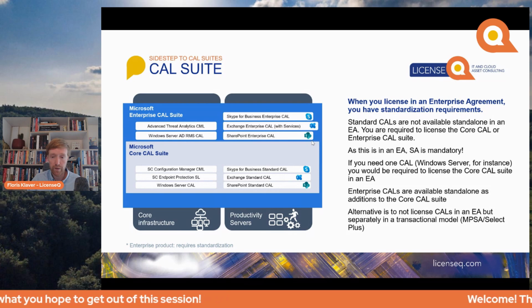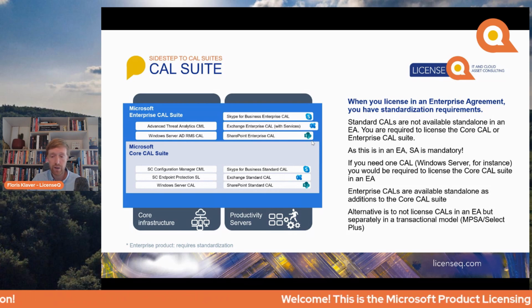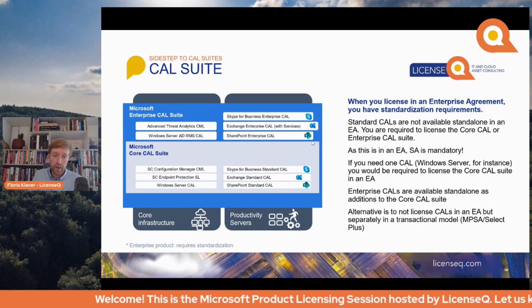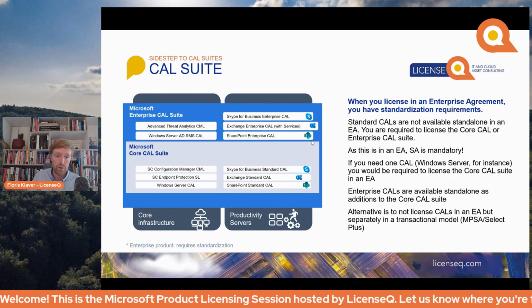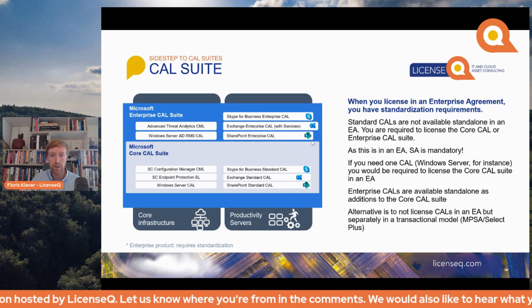You should then move to an MPSA or Select Plus agreement to just buy this client access license. Enterprise client access licenses are available standalone. So if you're buying the core CAL suite, you can just buy an Exchange Enterprise CAL standalone on top of this to release the additional functionality of that.